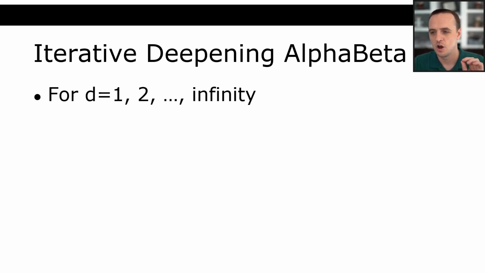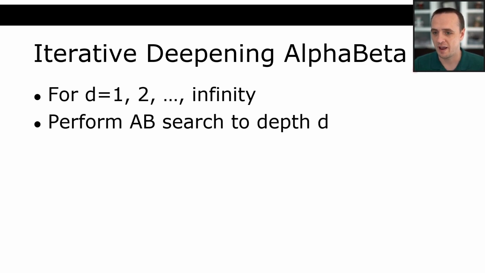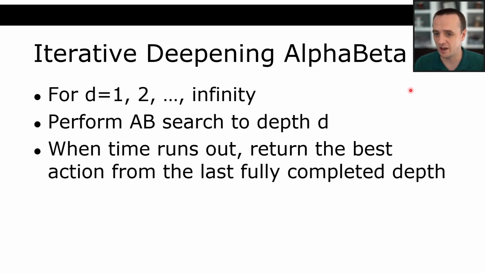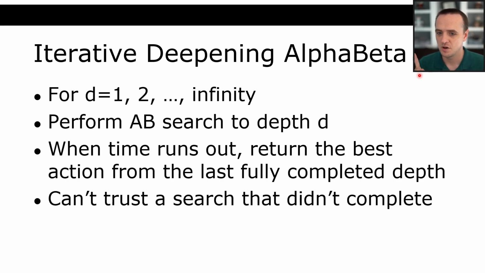So for depth 1, 2, 3, up to infinity, we're going to perform an AlphaBeta search to depth D. When time runs out, we're going to record or return the best action from the last fully completed depth, because we can't trust an action from a search that didn't complete. What do I mean by that? Well, if we're up here at the root node, let's say I currently have a value of 7 for this action.